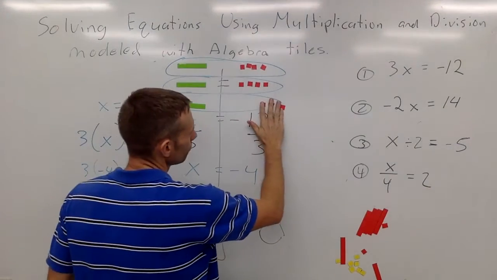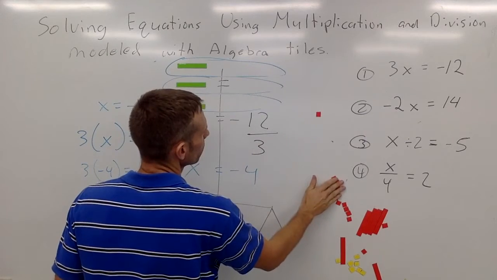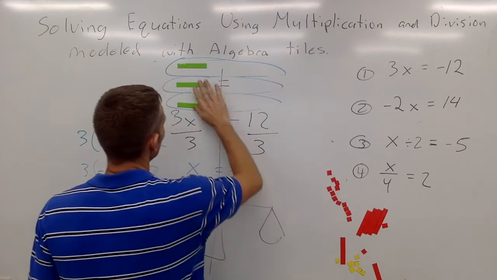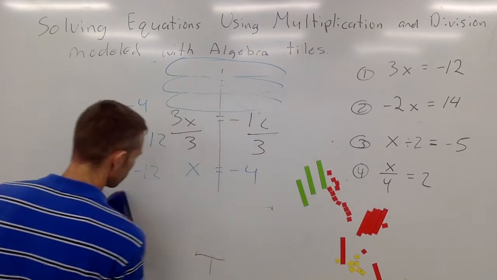Okay, let's do another one. Negative 2x equals positive 14.